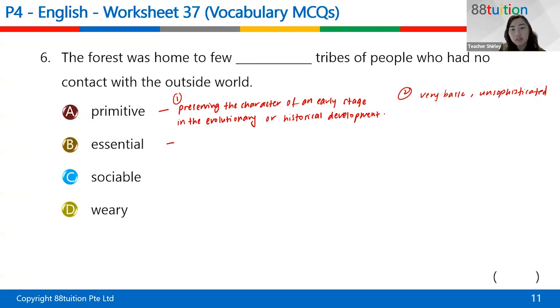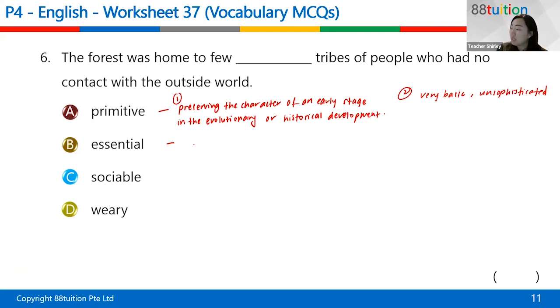In fact, nowadays our society is not considered very primitive. We are very industrialized, with a lot of industries coming up, right? So we're not very primitive anymore.